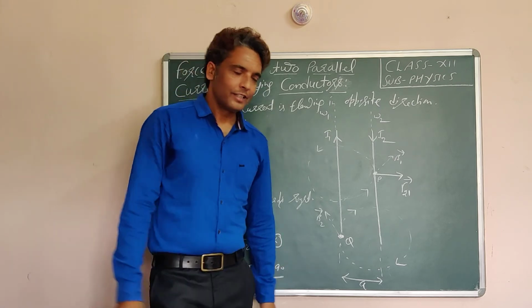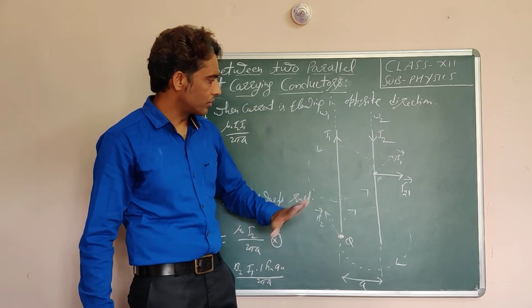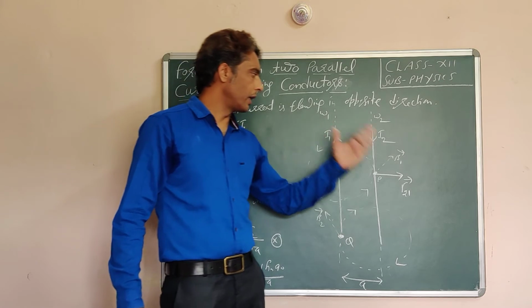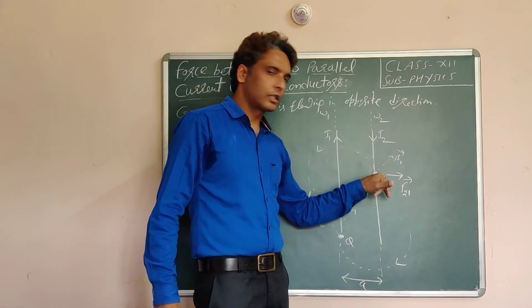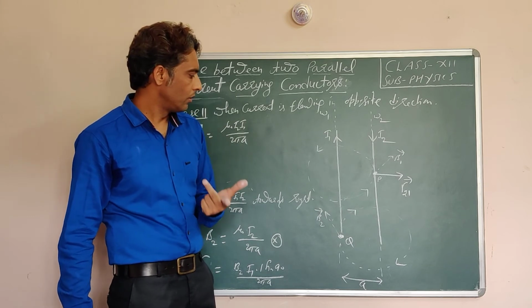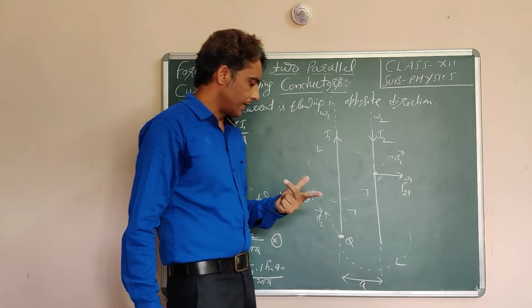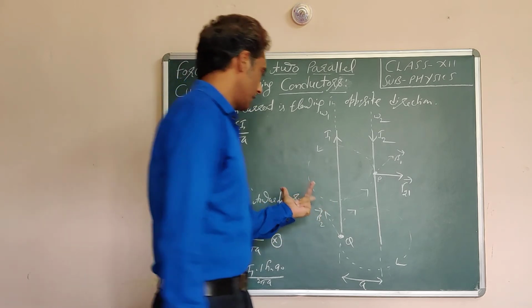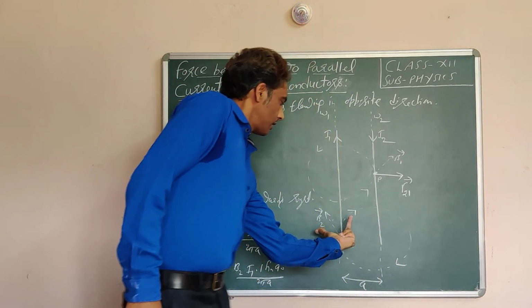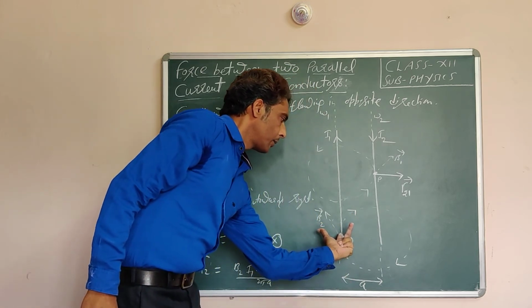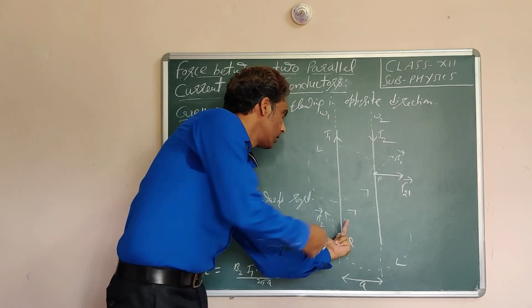Now again, the direction of force experienced by this conductor carrying current I1 due to magnetic field of conductor carrying current I2 is given by Fleming's left hand rule. So if we apply Fleming's left hand rule, you can see here this forefinger points in the direction of magnetic field B2.